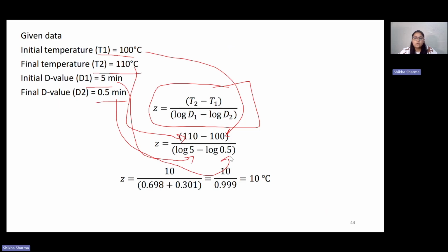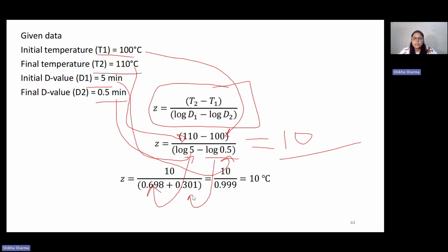which is log 0.5. So when we solve this, it will be 110 minus 100 is 10, divided by log 5, which is 0.698, and log 0.5 is minus 0.301.